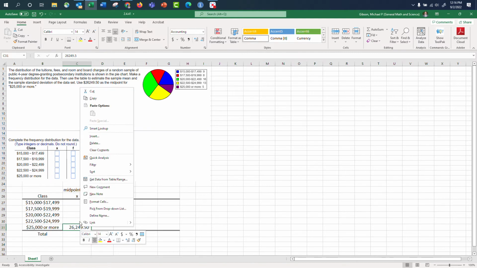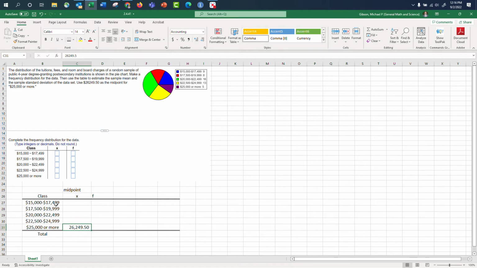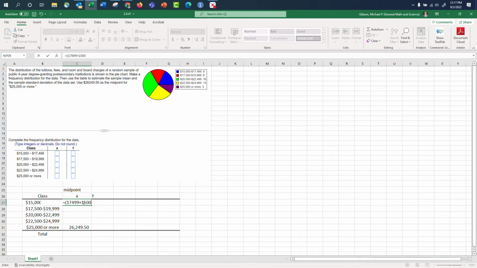Now for the others, we're going to use the midpoint each time. So the midpoint of 15,000 and 17,499, we just take the average, so equals 17,499 plus 15,000 divided by 2.